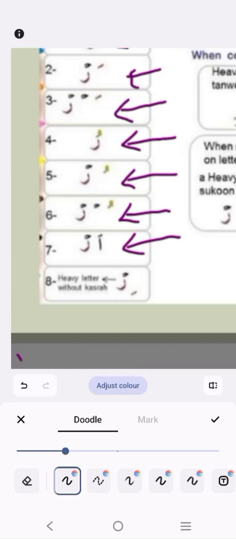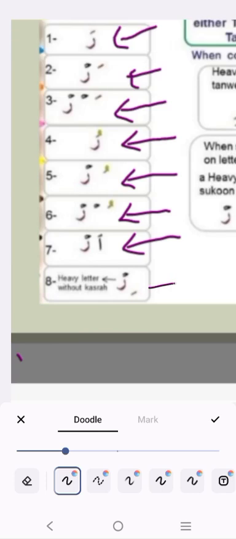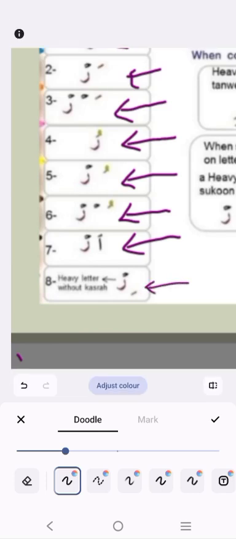And the eighth case: if the raa is sakin, before it is kasra, and after the raa there is a heavy letter, a musta'aliya letter, that is not with kasra.